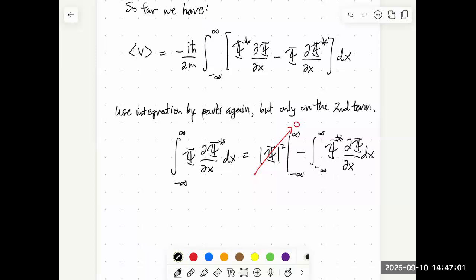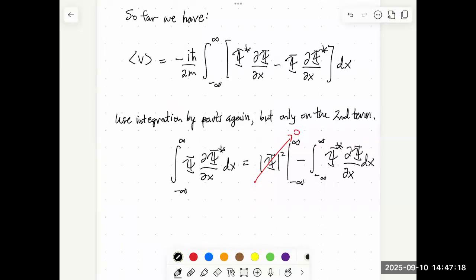And so you might look at that and say, well, what was the use of that? We've just traded a derivative on one of the factors for a derivative on the other factor. But the reason we've done this is because now we've written this so that it looks the same as the first term.